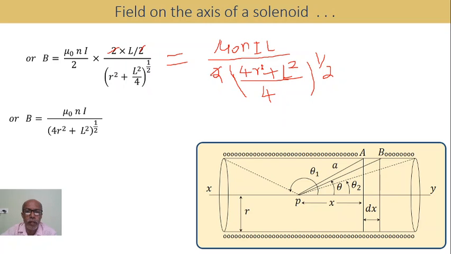And this 2 gets cancelled with this 4. If I take 4 out of the root, it becomes 2, therefore 2 and 2 get cancelled.